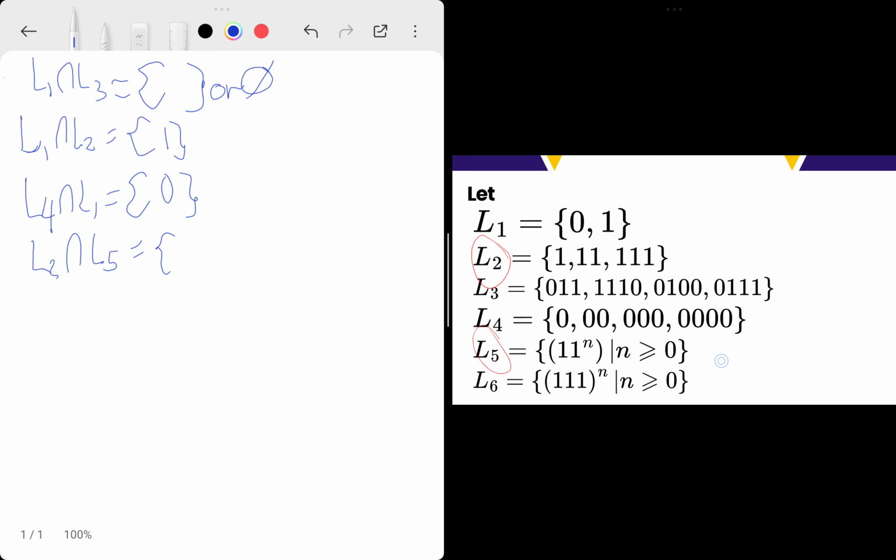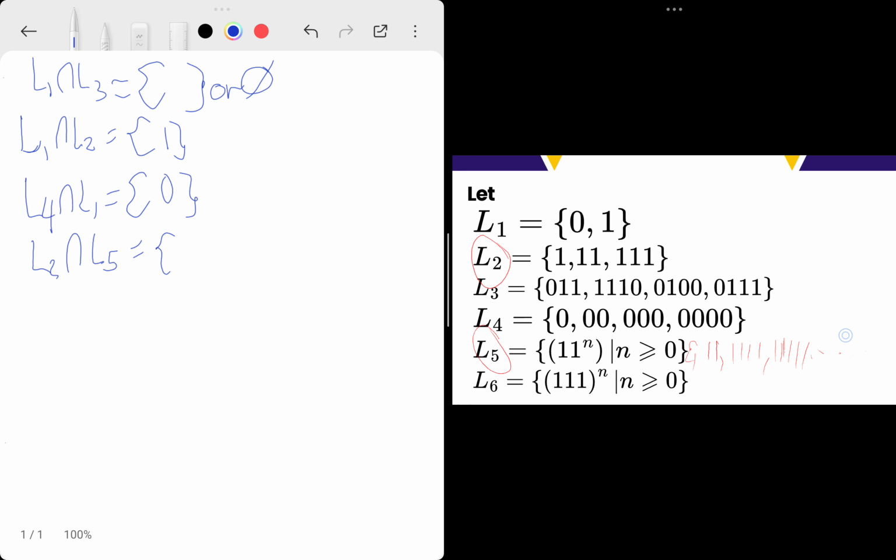So, for L sub 5, we could have 1, 1, or we can also have empty string. Then we can have 1, 1, 1, 1. And so it must be a multiple of 2. Ang ones niya. So 1, 2, 3, 4, 5, 6. Okay, so 6, so and so on.